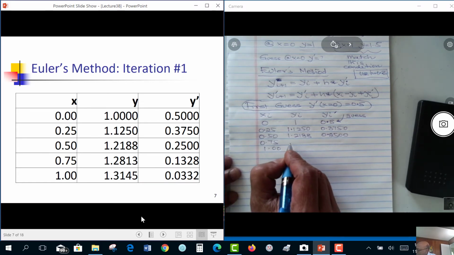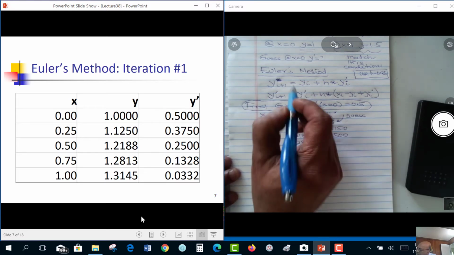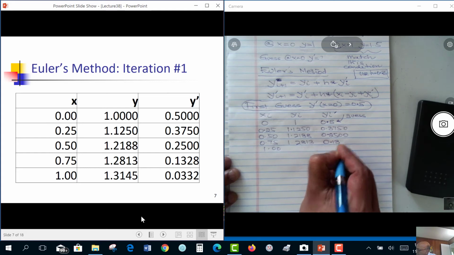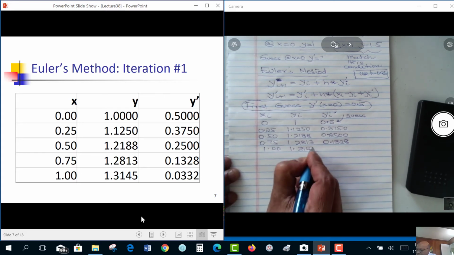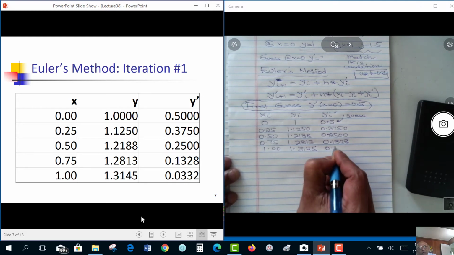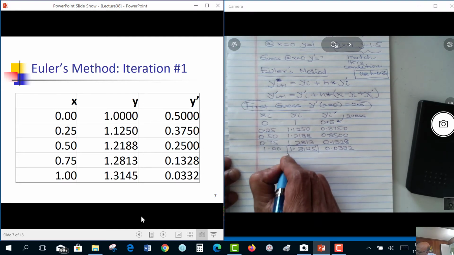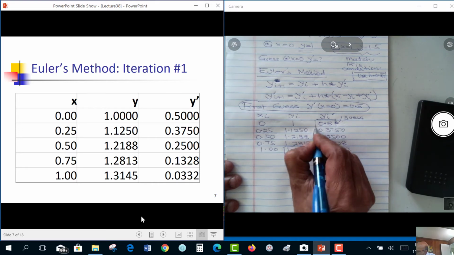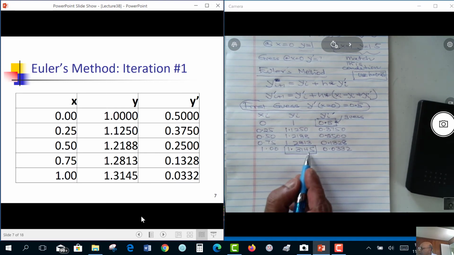Let's do one more: 1.2813. Remember, we are just using these two equations. And then we get 0.1328, 1.3145, and 0.0332. So by making this initial guess, we get our target to be 1.3145.